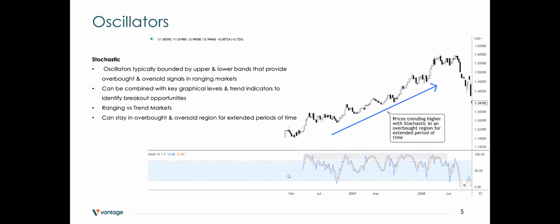Do know that in trend markets, once you understand what makes up the stochastic values and how you calculate them, you will know that they can tend to stay in overbought and oversold regions for prolonged periods. If you buy in oversold regions or sell in overbought regions during this time, you might incur high drawdowns. So we want to talk about how we can avoid that and how we can properly use the stochastic indicator.